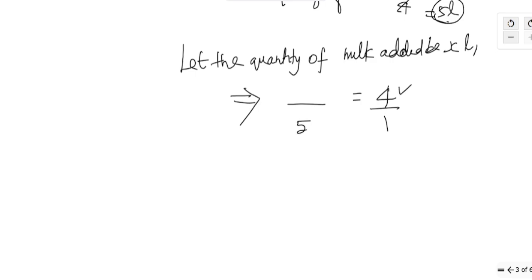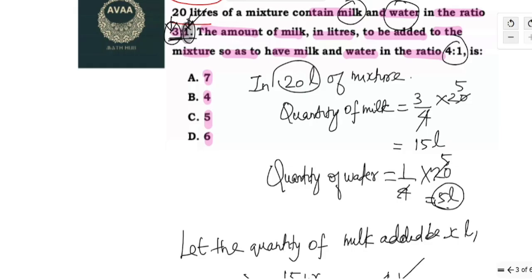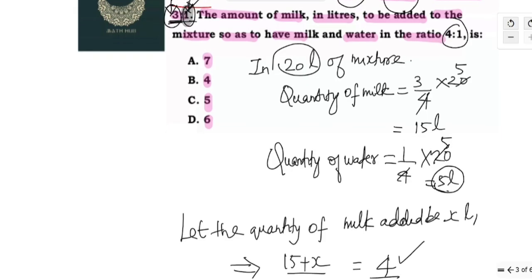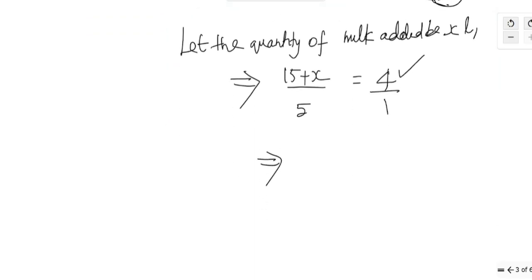For 4, the actual amount has been increased. So by X. So 15 plus X has to be written here. 15 liters is meant for 3:1. Now it has been increased to 4:1. So we need to add X. So cross multiplication has to be done here.